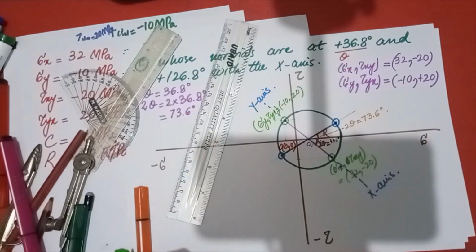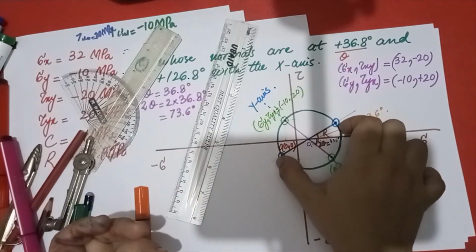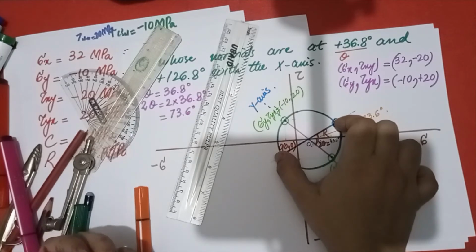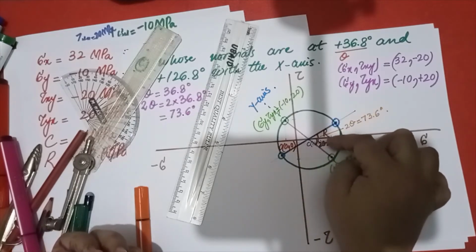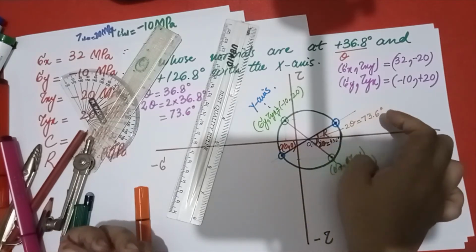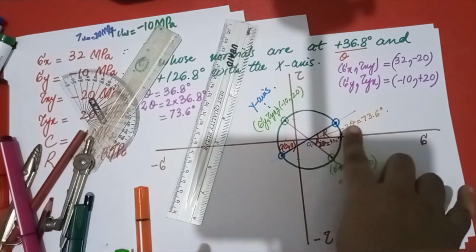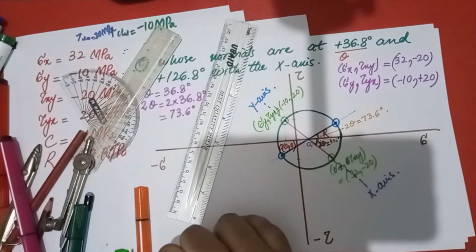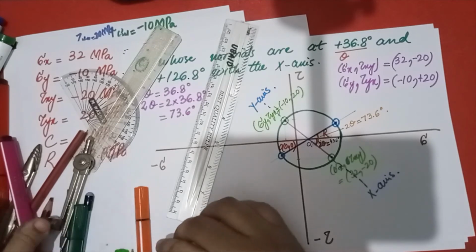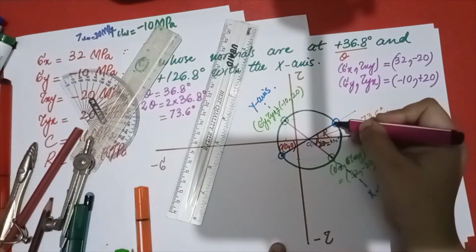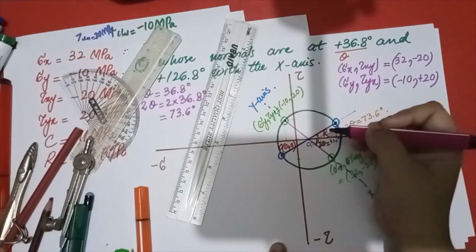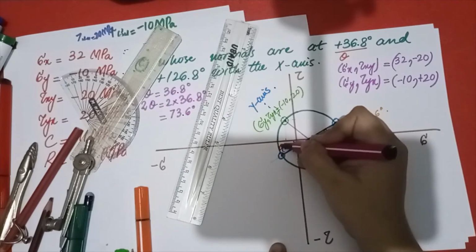That I will be able to get those coordinates on which the angle of inclination is 73.6 degree, and then I will get the stress components, shear stress or normal stresses.